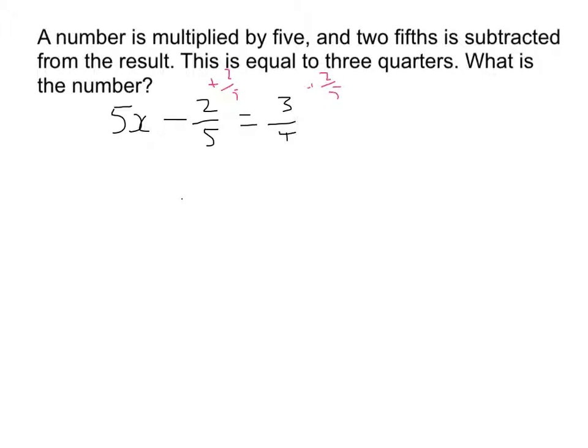That leaves us with 5x will be equal to 3/4 plus 2/5. Now we need to get the lowest common denominator, which here is 20. So we multiply the first term by 5 over 5, and the second one by 4 over 4.